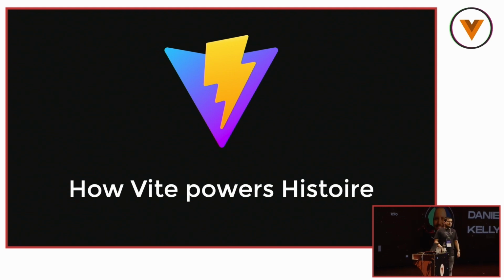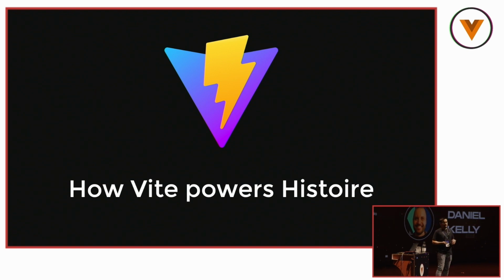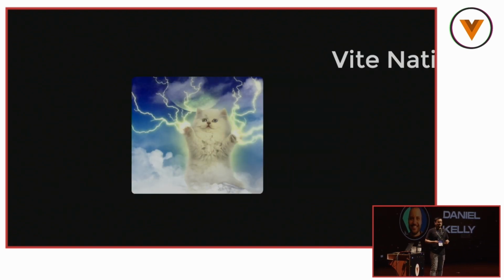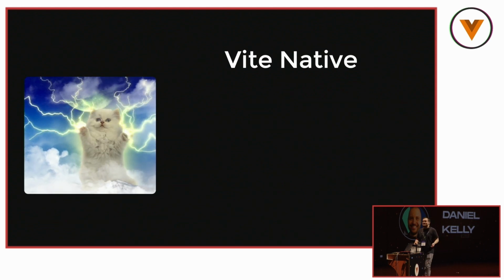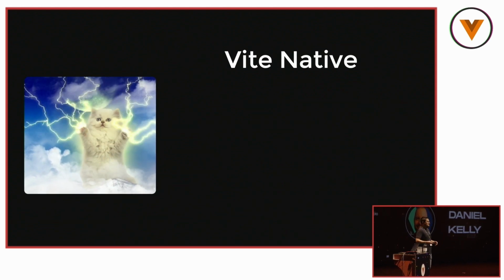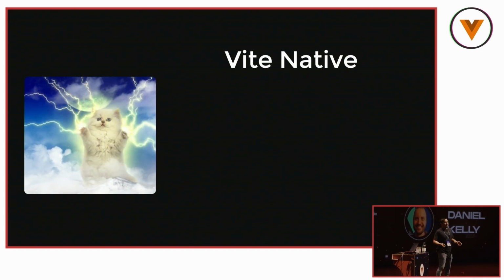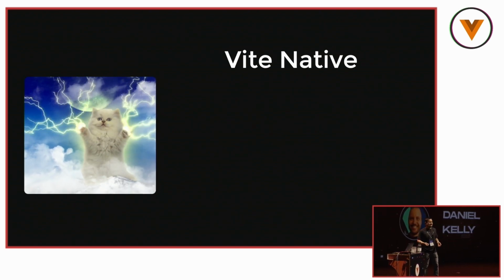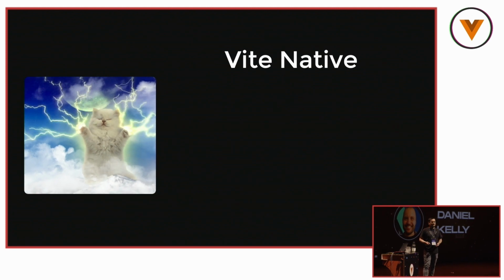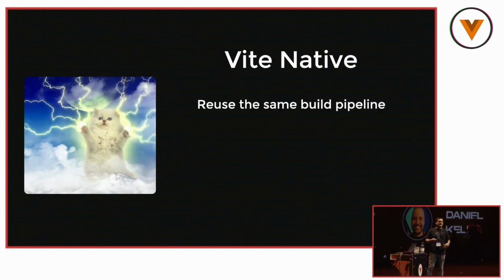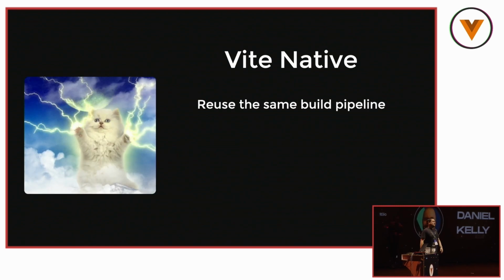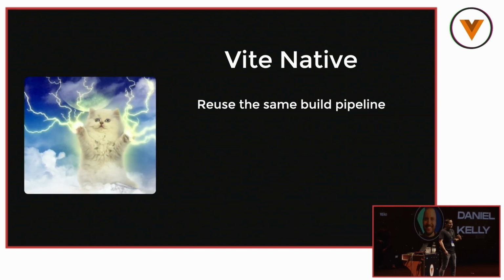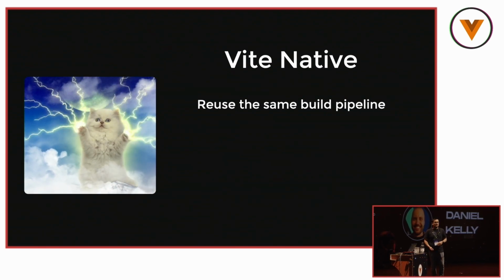The main topic of the talk is about how Vite empowers me to build Histoire. Obviously, when I started working on it last year, there was no question whether I should use Vite or not. It was very obvious, because using Vite allows me to reuse the whole Vite ecosystem and build tools, like the Vue plugin for Vite to process the Vue files.